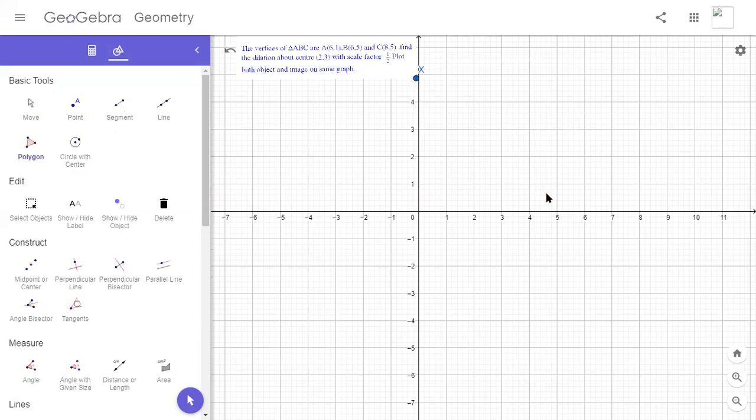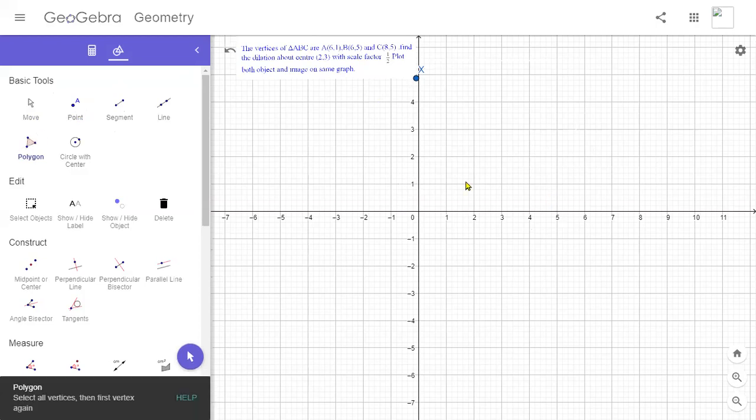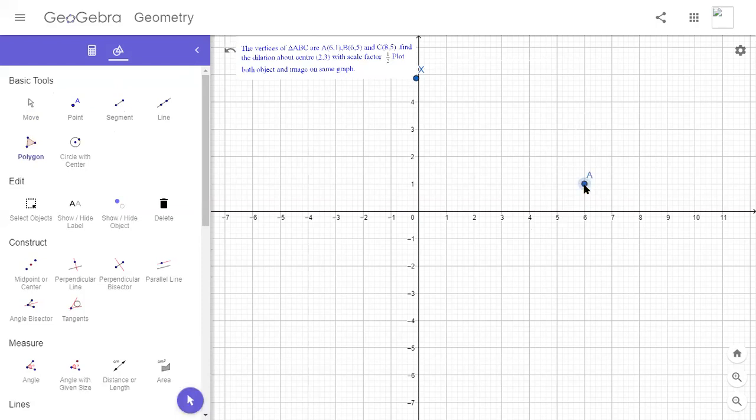The point A is located at the coordinate 6, 1. This is the point B, at 6, 5, and the point C is at the point 8, 5. Here in the very first step we have just constructed the given object, triangle ABC.